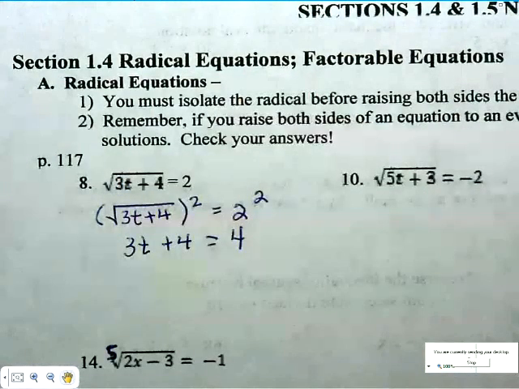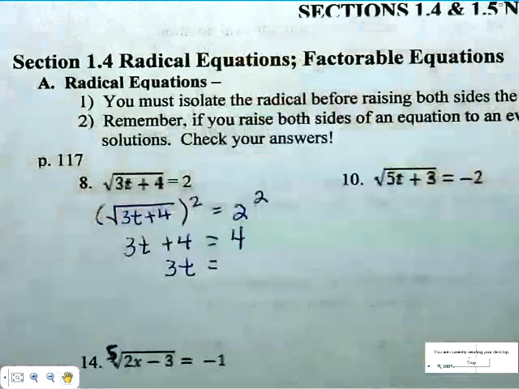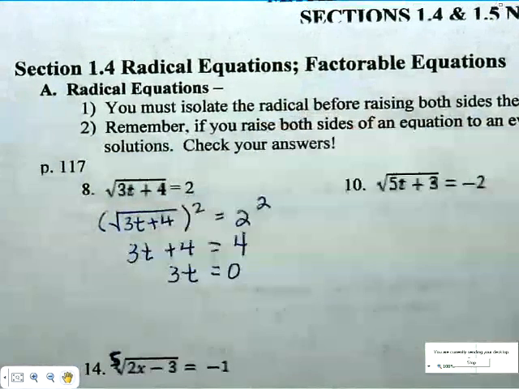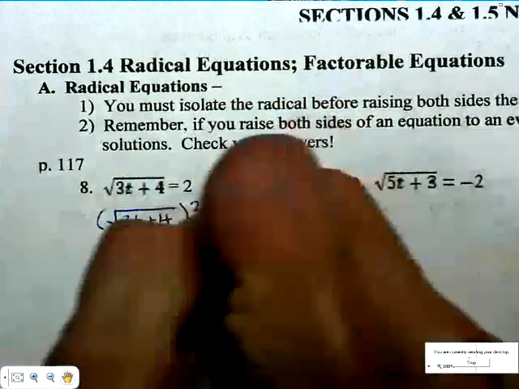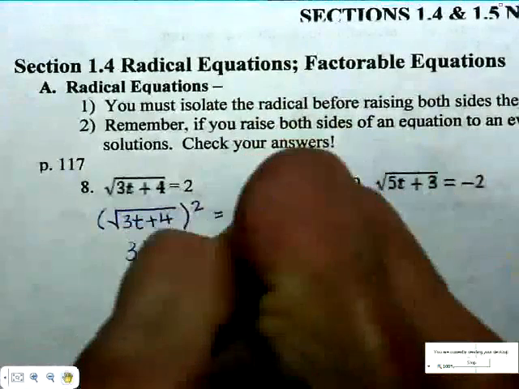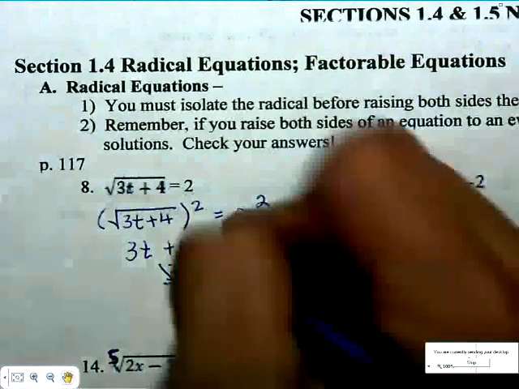So subtract 4 from both sides. What do you have when you subtract 4 from the right-hand side? 0. Is that a problem? No, that's not a problem. 0 is just as good an answer as any other, as long as it's not in my checkbook. Divide both sides by 3, and what is 0 divided by 3? It's 0.